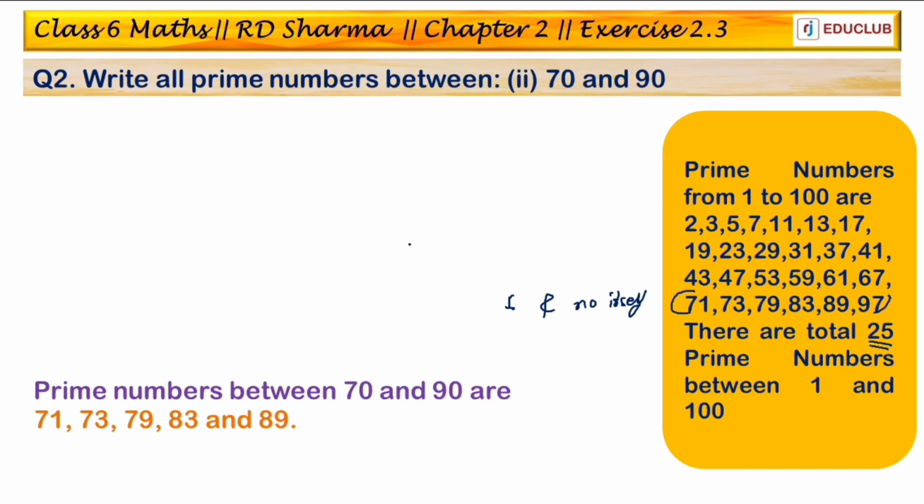So the prime numbers between 70 and 90 are 71, 73, 79, 83 and 89. Up to 89 we have to see, since up to 90 is there.